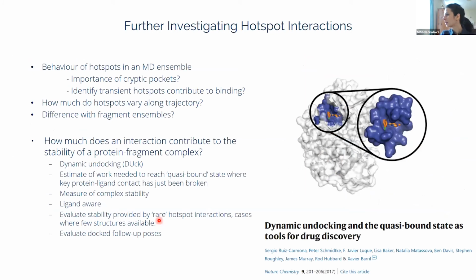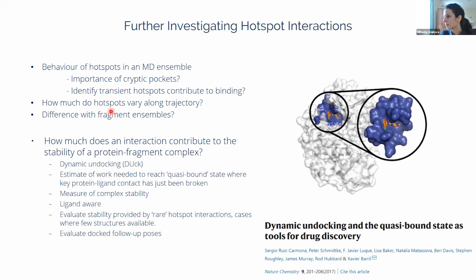So what kind of complementary methods am I looking into? So to further investigate the behavior of hotspots in protein ensembles, I'm looking at applying this ensemble pipeline to snapshots of MD trajectories. So I'm interested in the importance of the opening of cryptic pockets to the hotspot profile, and then identifying transient hotspots, for example, which could contribute to the binding of fragments.